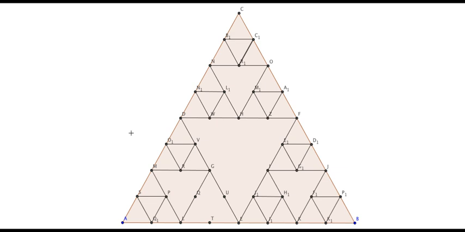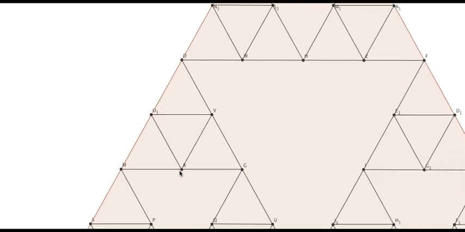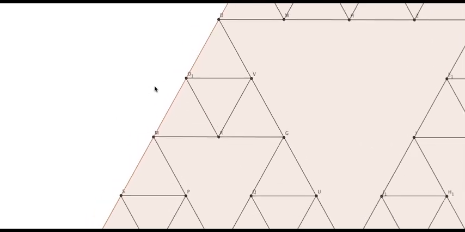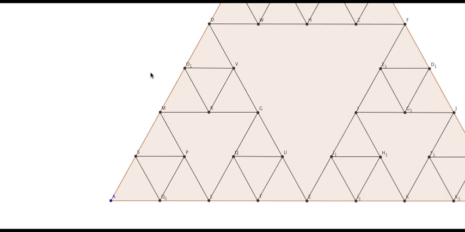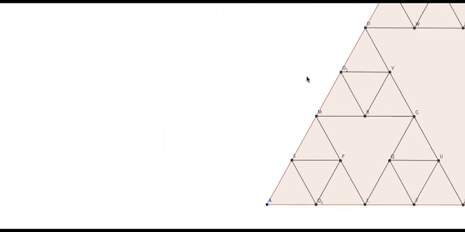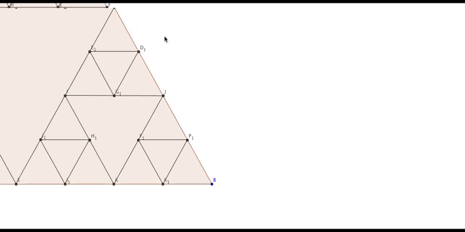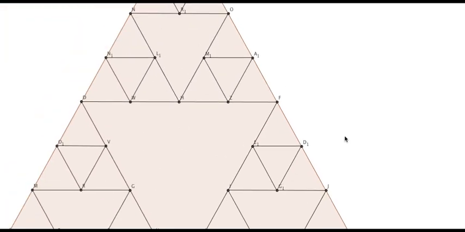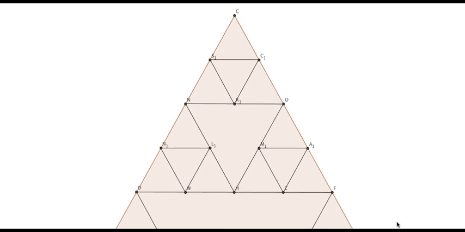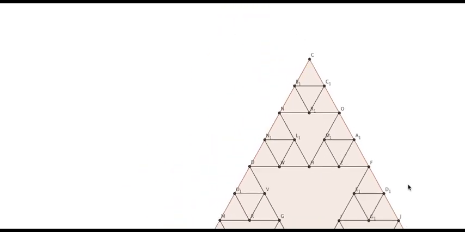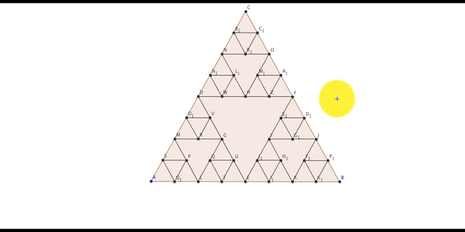Now, let's take a closer look at this fractal. First off, if we look at one portion of this fractal, we notice that it looks the same as the other portions. For example, this part of the fractal looks the same as this part, which looks the same as the top part of the fractal, which looks the same as the larger triangle.